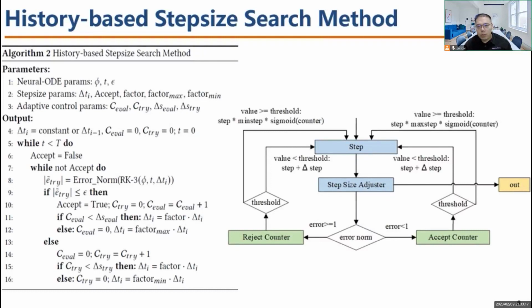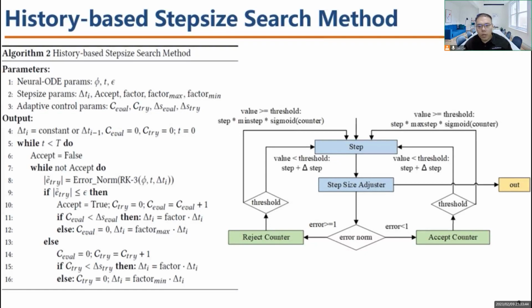First, we propose the Neural-ODE algorithm for optimizing the integration iterative process. The traditional search for the optimal integration step takes a lot of time. We use a history-based method to optimize the integration process. The left figure is the algorithm diagram, and the right figure is the flow diagram.